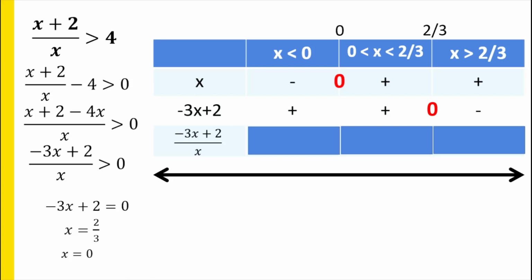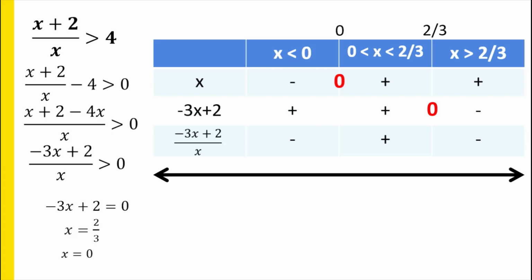Now let's multiply the signs on each column. So that's negative, positive, and negative. In this case, we are after the greater than 0, correction, greater than 0 here. So we are after the positive.